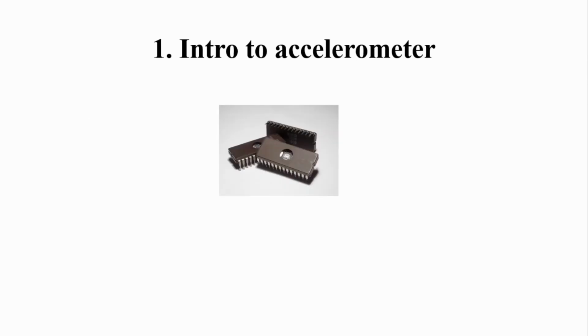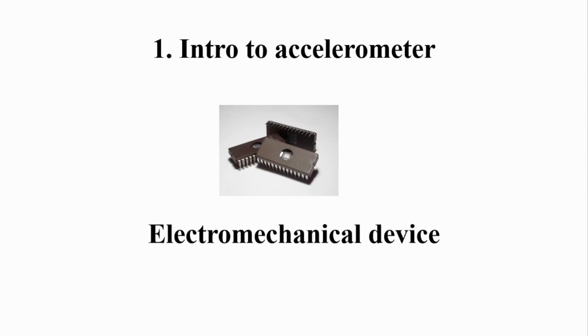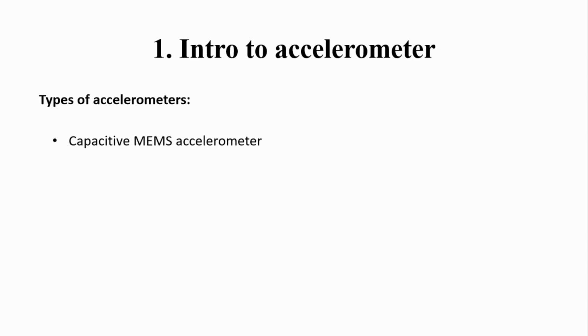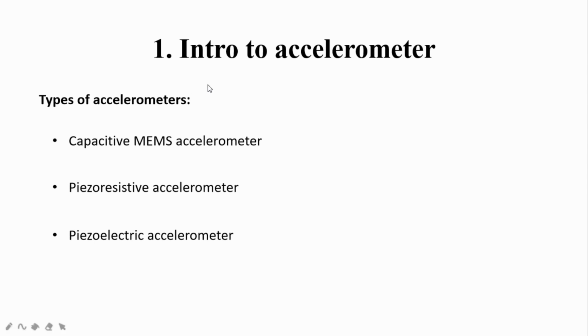What is an accelerometer? An accelerometer is an electromechanical device used to measure acceleration forces. Now these forces can be static or dynamic. There are different types of accelerometers. These types are classified based on their working principle. In the case of a capacitive MEMS accelerometer, acceleration forces cause a change in capacitance.